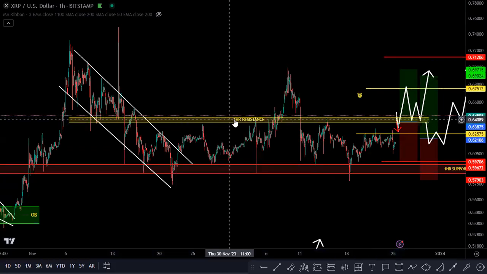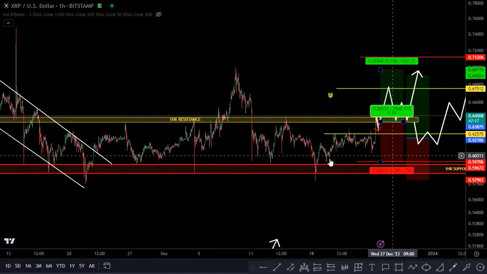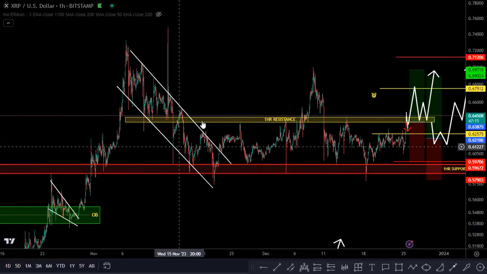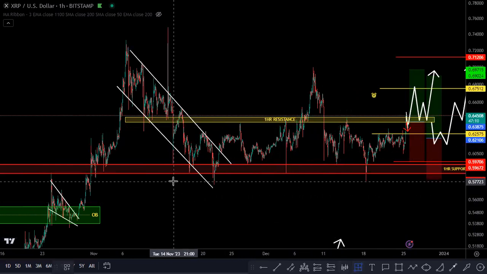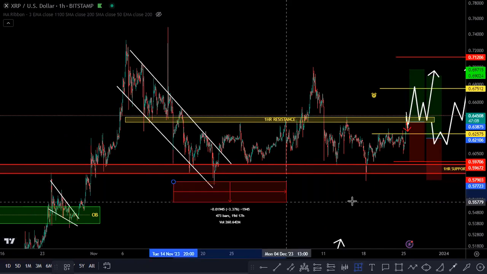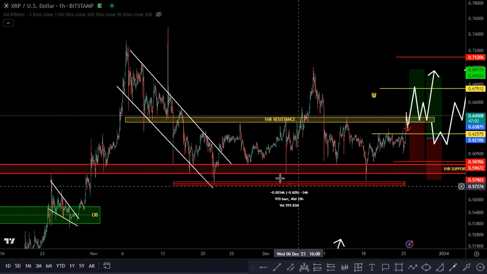So this resistance level, price is here. Okay, so we bounced up and down here for 40 days, basically 40 days.